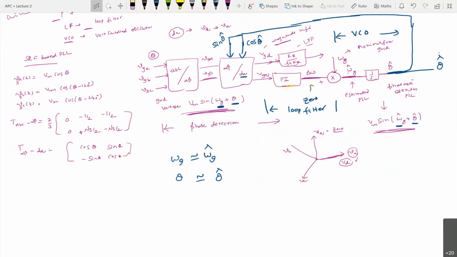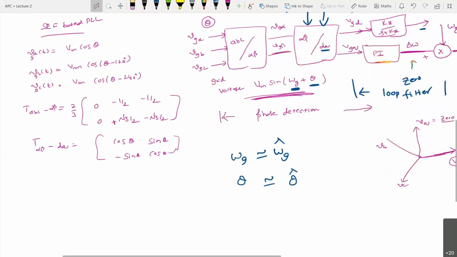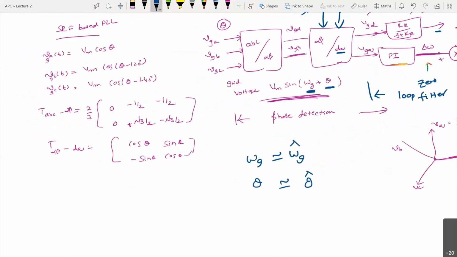It's clear? So this is a synchronous reference frame based PLL. Now you're already aware that the d-axis component consists of the magnitude information, but the q-axis consists of phase angle information. So how is that? We'll see now. Come to these equations. Theta is the grid angle and theta bar is the estimated angle. The PLL input for this transformation is theta bar.